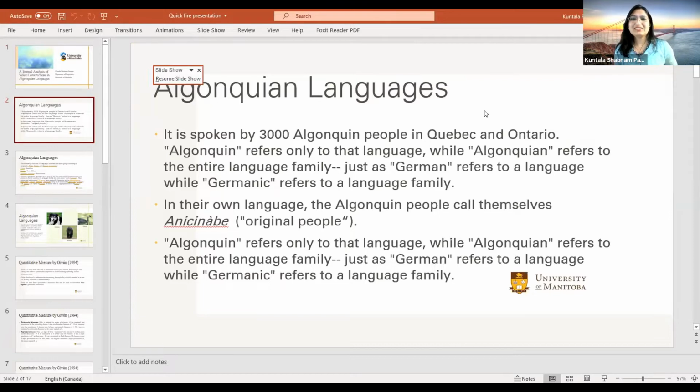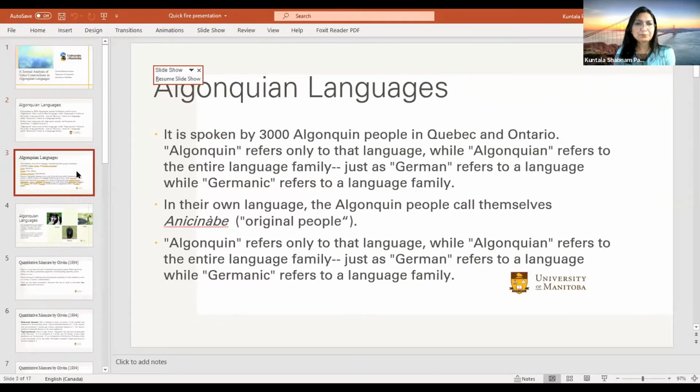So these languages, it's a bunch of languages actually. It's spoken in Quebec and Ontario, and the Algonquian people called themselves Anishinaabe, or the original people. So this is actually an indigenous language, a group of indigenous languages.